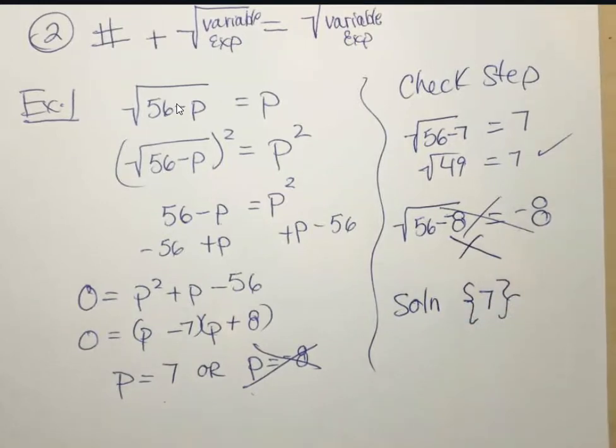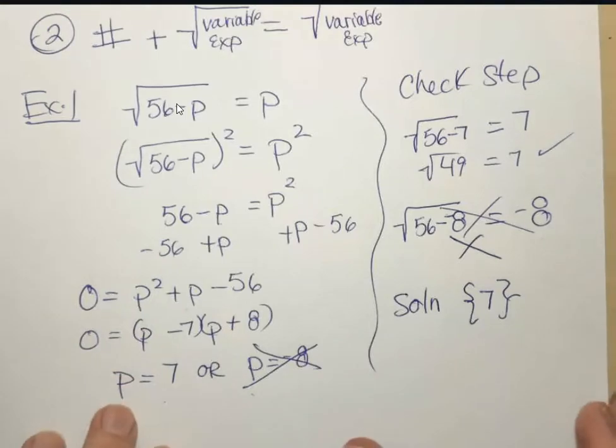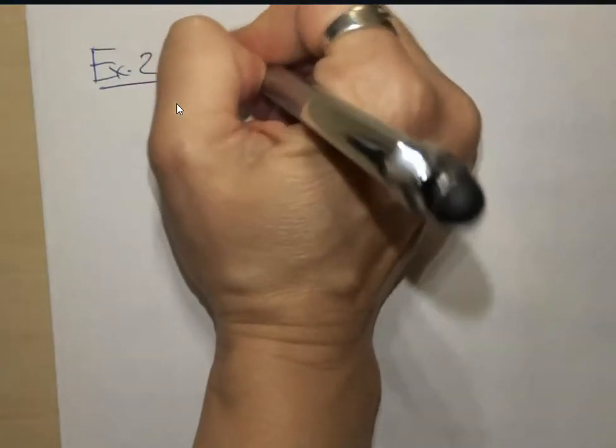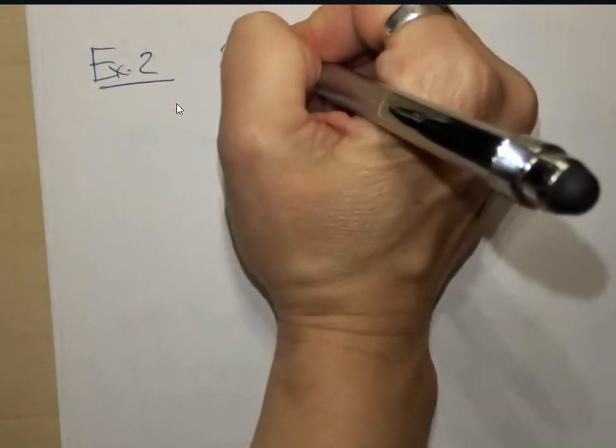It's the only possibility. All right, I'm going to give you an example, and then I'm going to pause the video. I want you to go ahead and work the example, and now I'll come back to where you have it worked out. So, example number 2 for this type is going to be something like this.